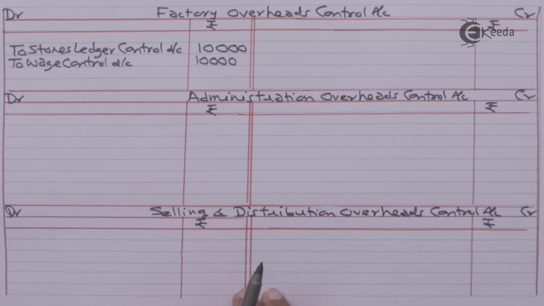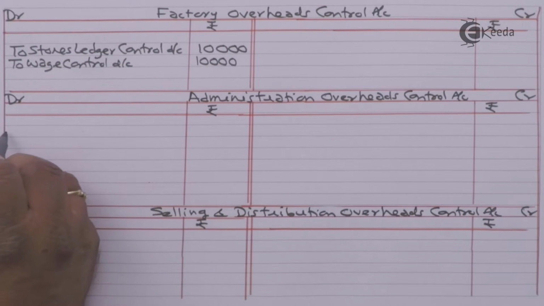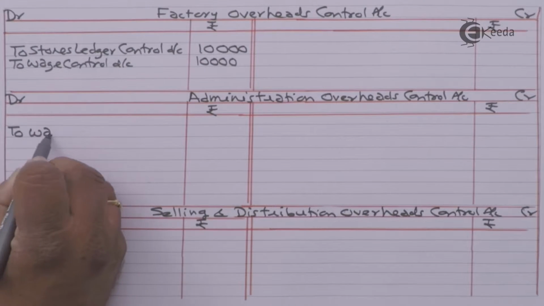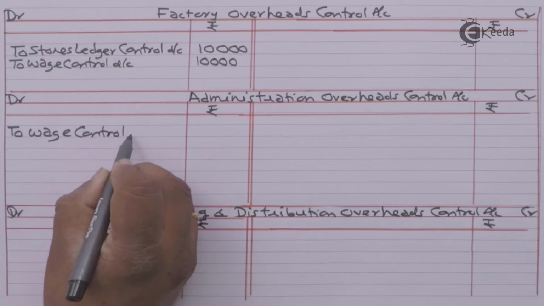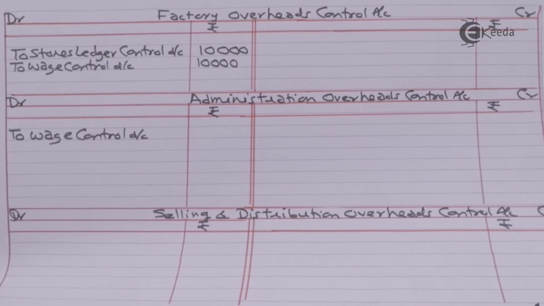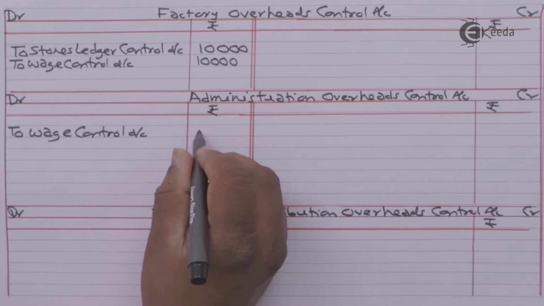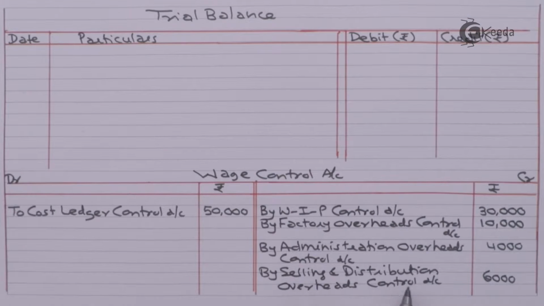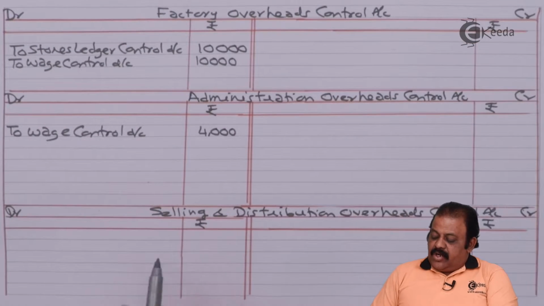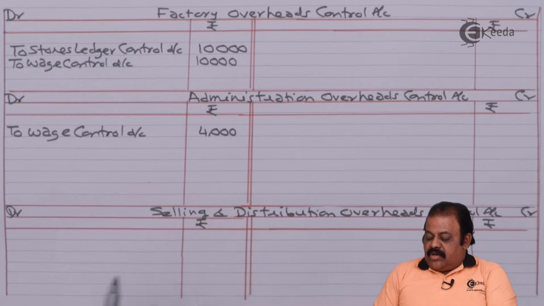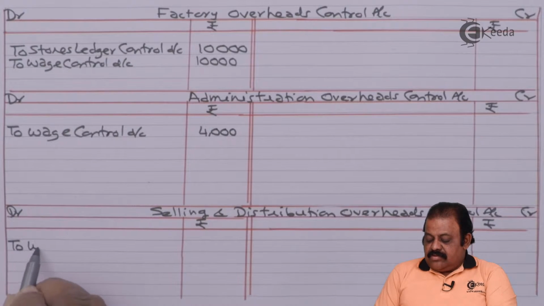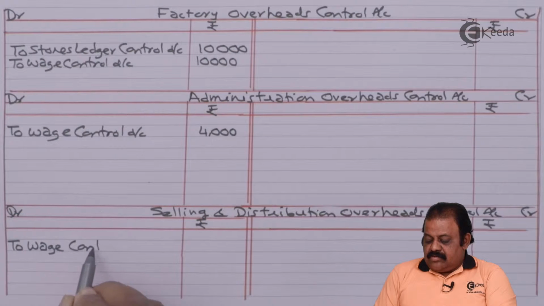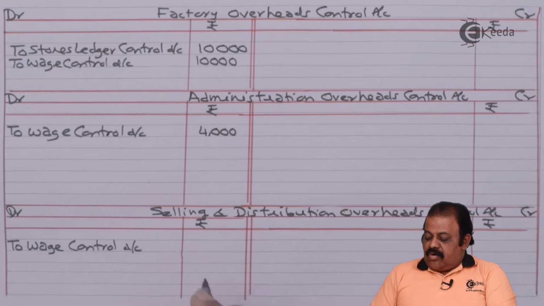This will be recorded to the debit of administration overheads control account, to wage control account 4,000. Selling and distribution overheads control 6,000. This will be recorded to the debit of selling and distribution overheads control account, to wage control account.